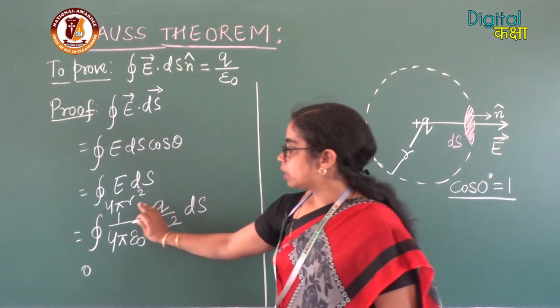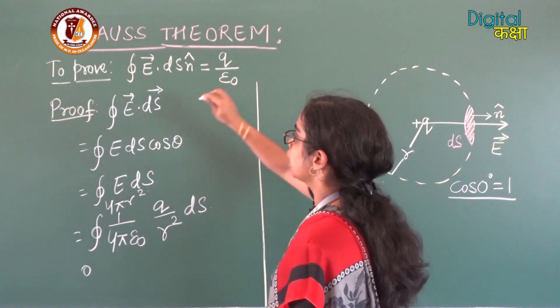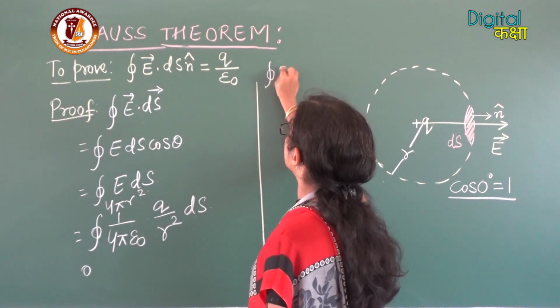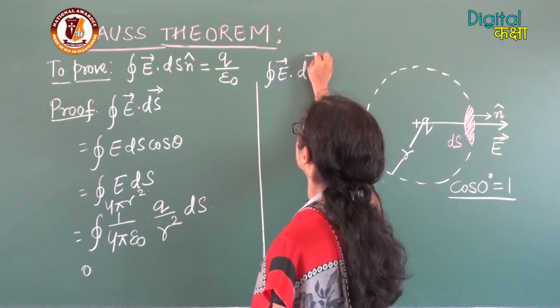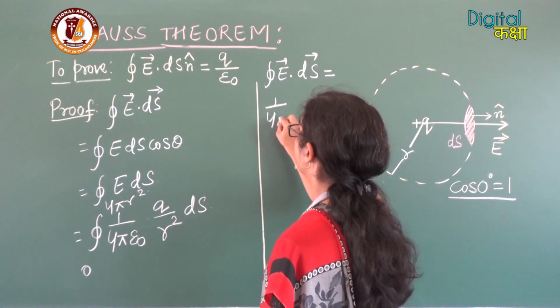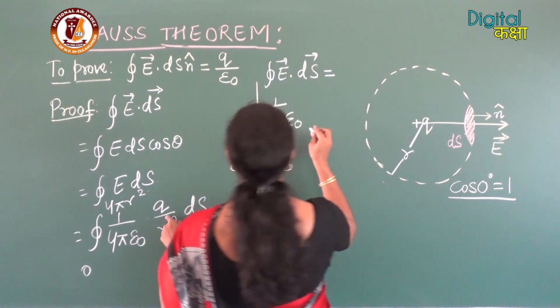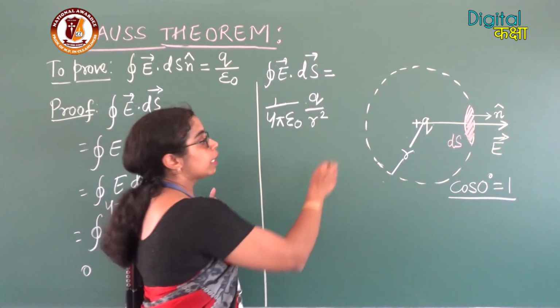So the other quantities I will be taking outside the integration sign, and here I will continue with integration of vector E dot vector ds equal to 1 upon 4 pi epsilon naught q upon r square.